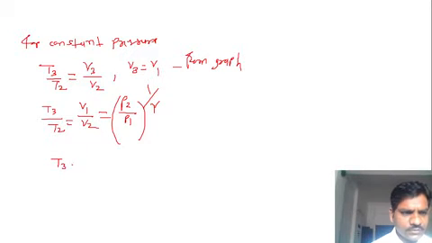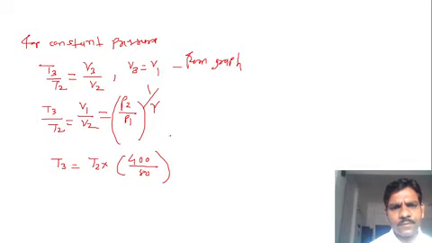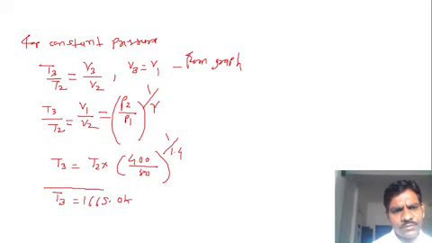So T3 is equal to T2 into, we know P2 is 400 kilopascal divided by 80, to the power 1 upon 1.4. So what is T3 we got? T3 is equal to 166.5 Kelvins. So this is the value of T3.